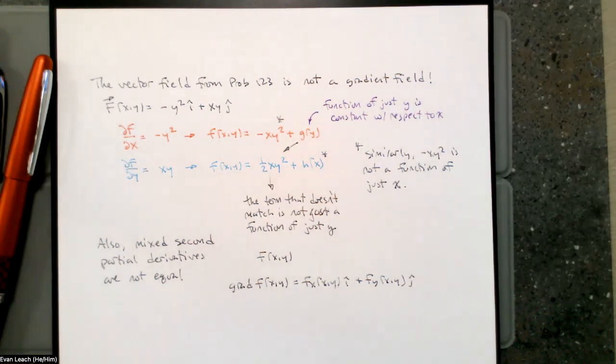So if these two first partial derivatives came from the same function, then the mixed second partials must be equal.